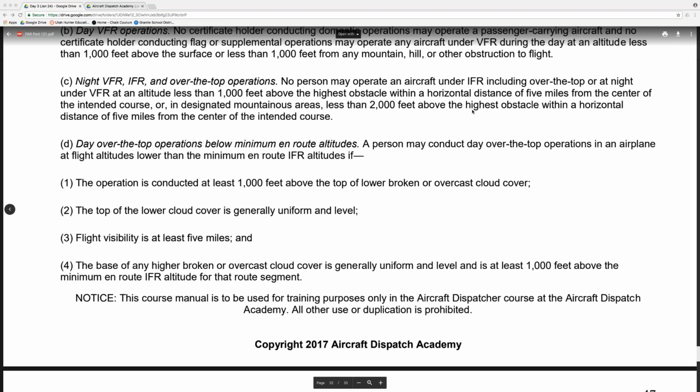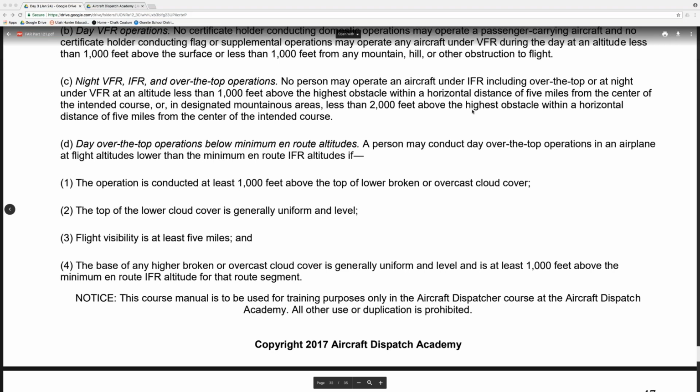Day over-the-top operations below minimum en route altitudes. A person may conduct day over-the-top operations in an airplane at flight altitudes lower than the minimum en route IFR altitudes if 1. The operation is conducted at least 1,000 feet above the top of lower broken or overcast cloud cover. 2.